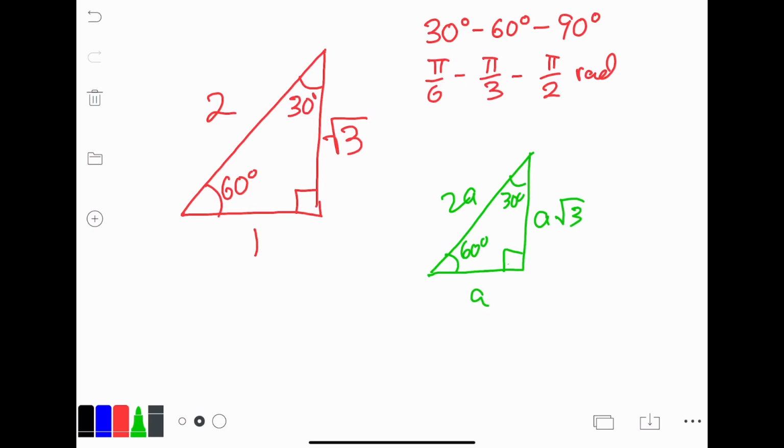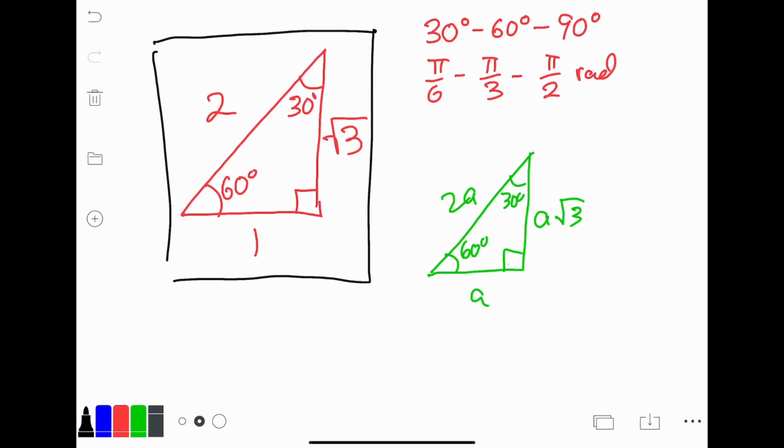However, again, when dealing with ratios, the size of the triangle doesn't matter. You're still going to get the same ratio. So it's best to just memorize the simplest version of the 30, 60, 90 right triangle.